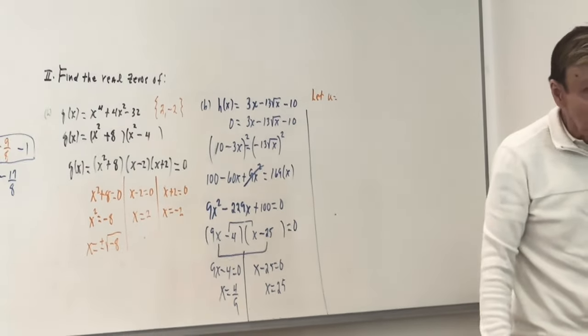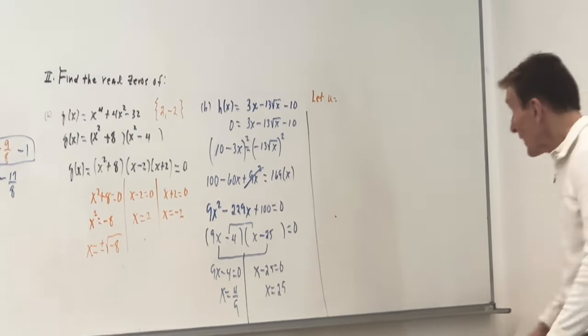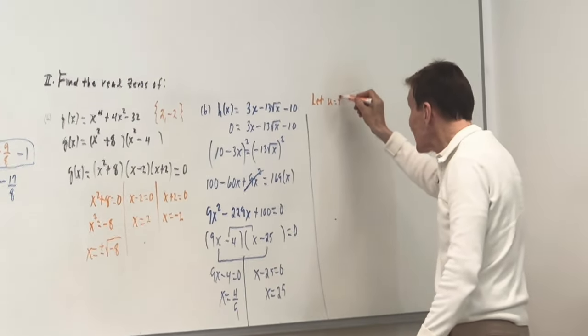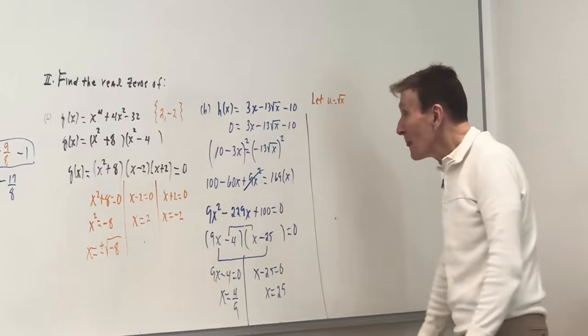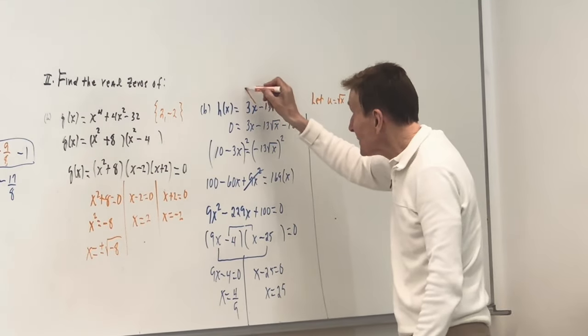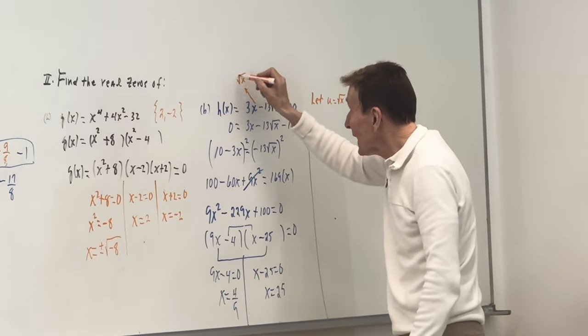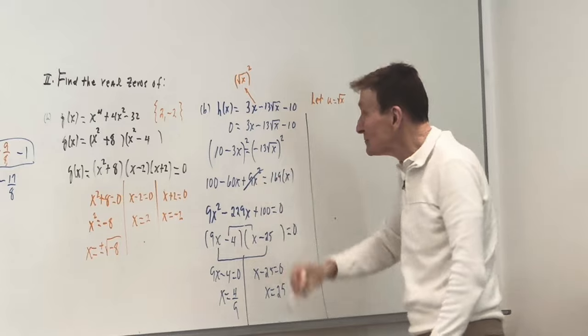Now, what is that u replacement in this case? I'll tell you more about this tomorrow. If you let u be square root x, watch what's going to happen. My first term has a 3x. Guys, could that x in my first term be written like this if I wish?